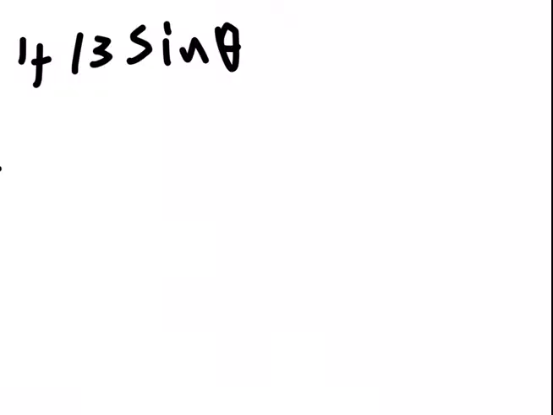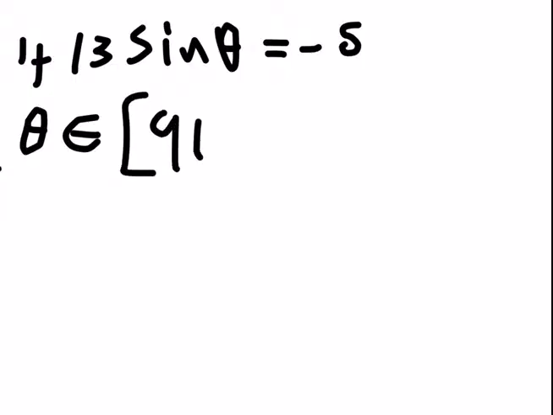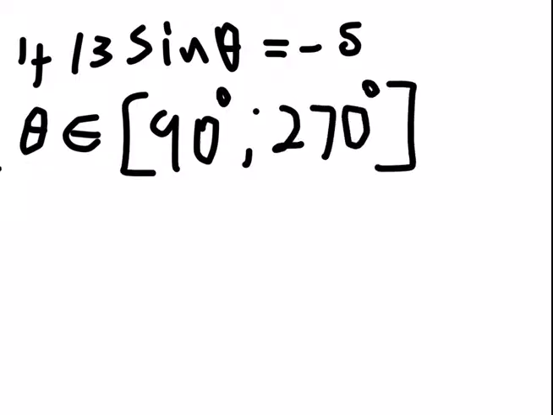So this time around, I'm having an example where they are saying 13 sine of an angle is equal to -5, and this theta is an element of 90 degrees and 270 degrees.